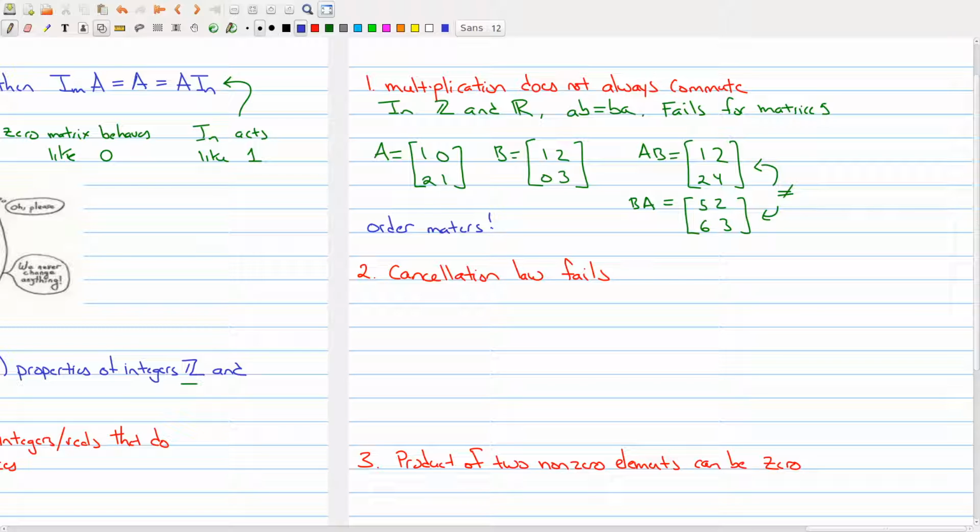The other property that you're used to using with the integers and the real numbers is the cancellation law. Now, maybe you're not used to knowing the name, but you're used to the property, which is as follows.